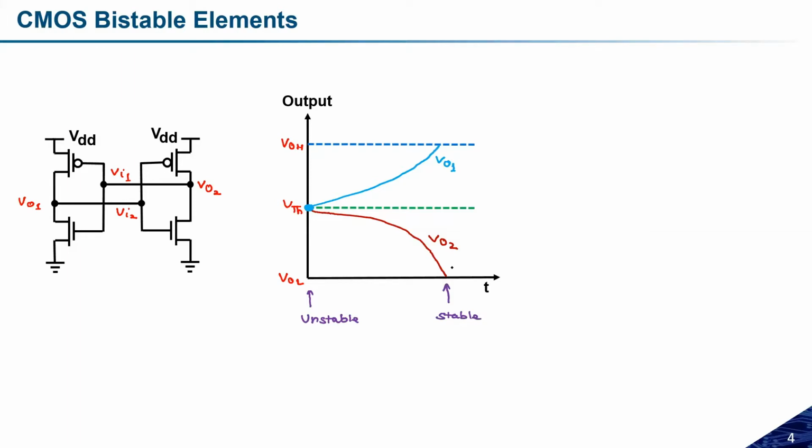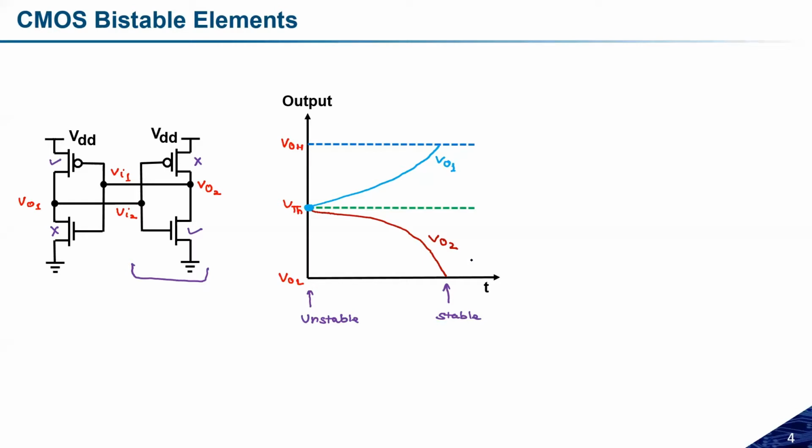If I'm talking about the VO2, this is the output of the second inverter, and the output is close to logic 0, and if it is at logic 0, it means the input is at logic 1. So this transistor will be in the on state, and this transistor will be in the off state, and similarly this transistor will be in the on state and this transistor will be in the off state, if the conditions are like this, whatever we have made in this particular circuit.